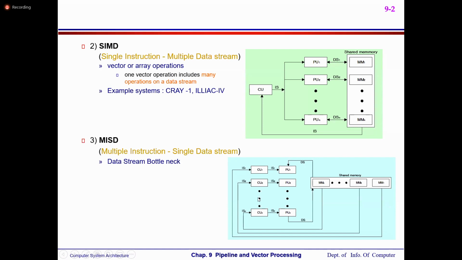Then MISD: you have multiple control units and multiple processor units, and in the name itself, all processors get a different, unique instruction from the control unit, but operate on the same data from shared memory.